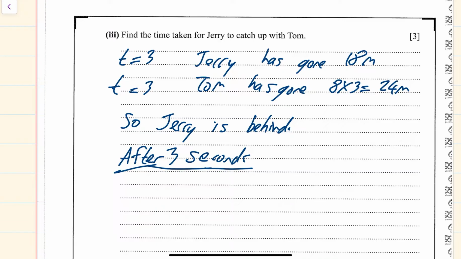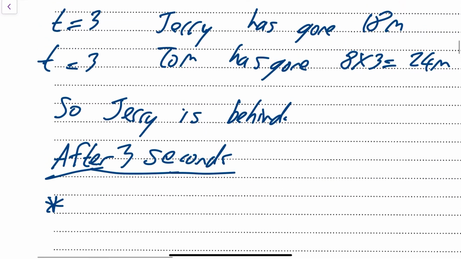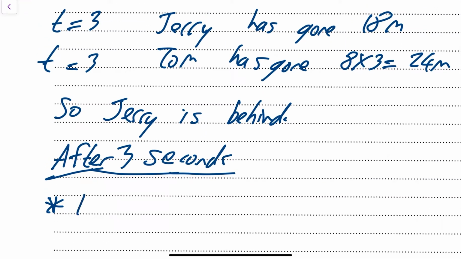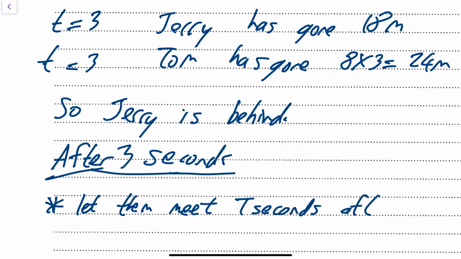You probably get nothing for this wee line that I'm going to do, but it really keeps me writing these questions. So what I'm going to say is let them meet t seconds after the 3 seconds.